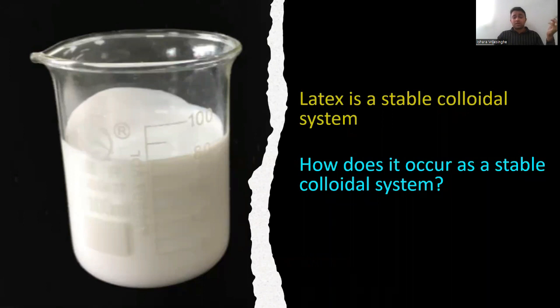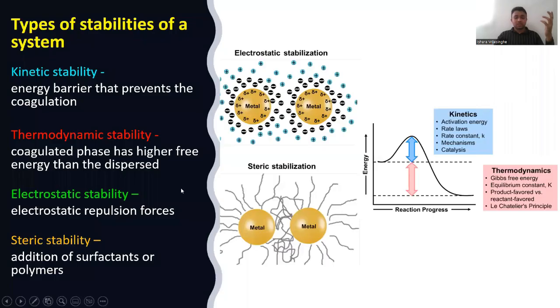So how does it occur as a stable colloidal system? It is stable. How? That is a problem, right? So we'll see. There are different types of stabilities. You can see kinetic stability. Kinetic stability means, let's say, to combine two people, a boy and a girl, I argue that they should pass an energy barrier.